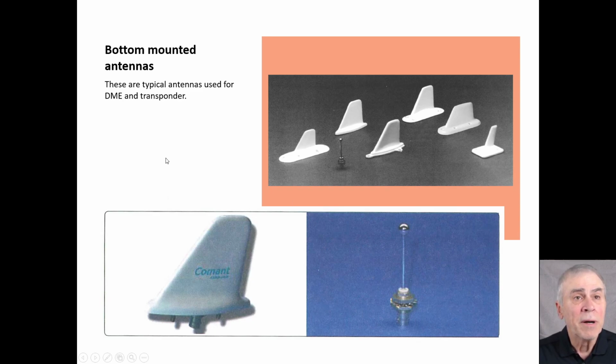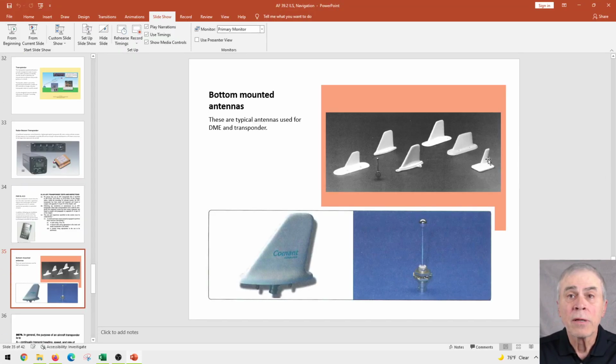Okay, we've been talking about transponders, and normally these are mounted on the bottom of the aircraft. I should have probably turned this picture upside down. It just doesn't look like they're on the bottom. Yeah, now what the heck?